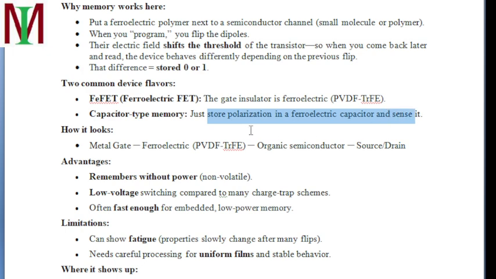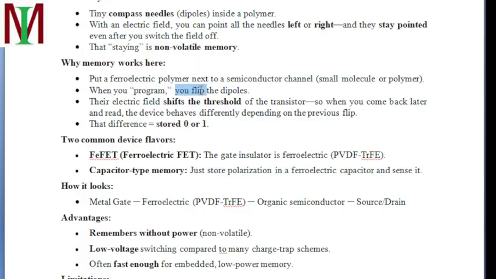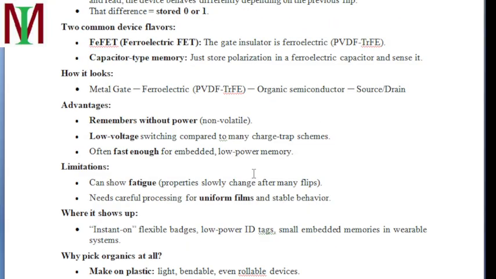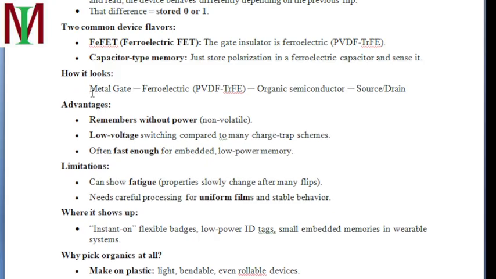Polarization means the movement, that flip we said, the molecular flip, that is actually called polarization. Polarization means charge separation, pole formation, different poles, positive and negative poles formation. We say polarization is there. Okay, so how does it look? Again, same concept: metal gate, ferroelectric PVDF, organic semiconductor, and the source and drain.